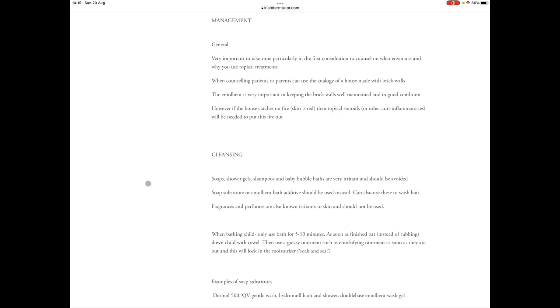Sometimes you might use the analogy of a house made with brick walls, as mentioned before. So you can say that it is very important that you continually repair the walls of the house, and emollient is very important in keeping it well maintained and in good condition. But unfortunately, sometimes the house might catch on fire, i.e. the skin is red, and then you can use topical steroids or other anti-inflammatories to put this fire out.